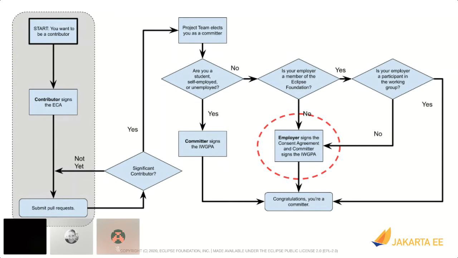This is a consent agreement where the employer consents to your involvement in a specification process, in the development of specifications. And then we also have the individual working group participation agreement for that. So we need the committer to sign the individual working group participation agreement and their employer to sign this consent agreement. With those two things in place, we have everything we need for you to be a committer.